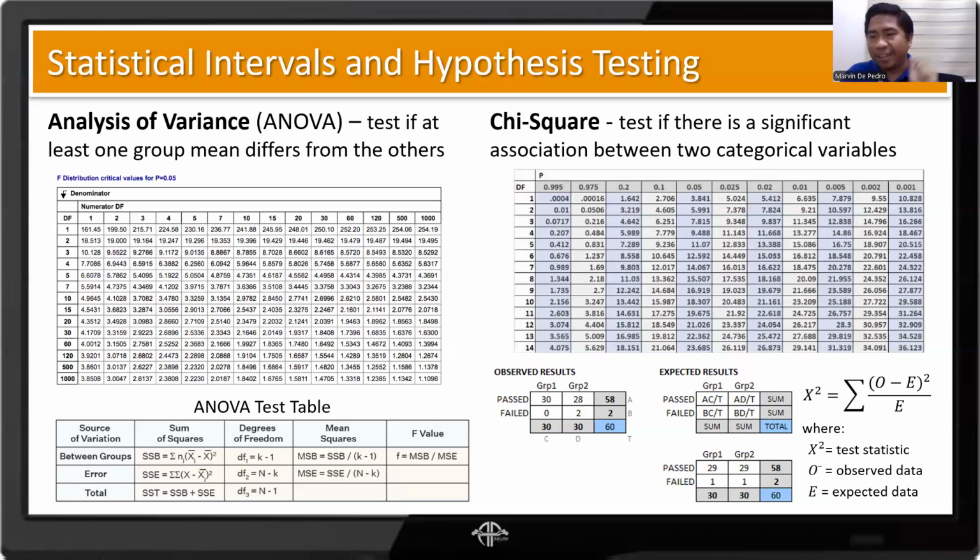But then again, by default, we can use Excel to automatically derive the critical values. In the meantime, we are going to discuss how to perform these statistical tests in our face-to-face discussion, or you can simply observe our sample problems in our handouts.